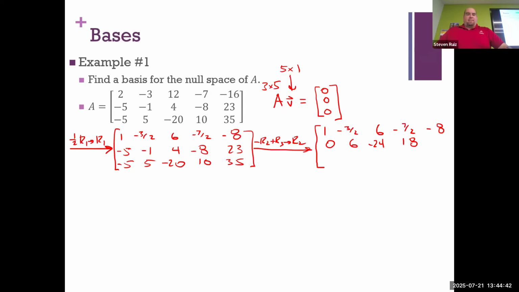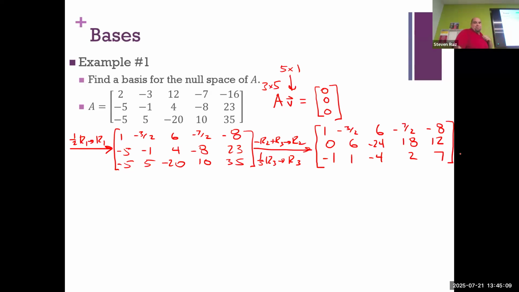Oh, that's not going to work out that easily, is it? Oh, that's nice. Okay. And then what else do you want to do? You want to scale down row 3? By what? Okay, 1/5 of row 3 back to row 3 gives us -1, 1, -4, 2, 7.